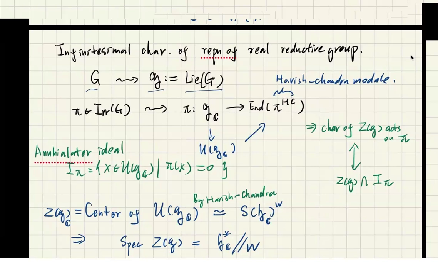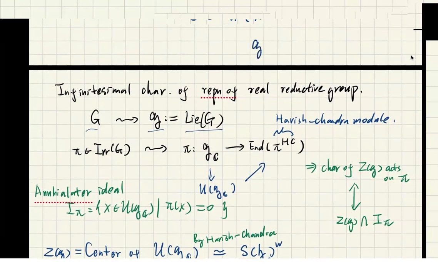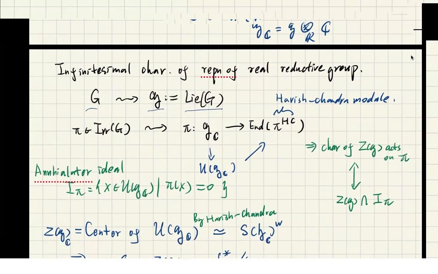And then on the K-finite vectors, you will have the Lie algebra action, the action of the complexified Lie algebra of G. So g_C is g tensor R over C, and this will induce a universal enveloping algebra action on the Harish-Chandra module.